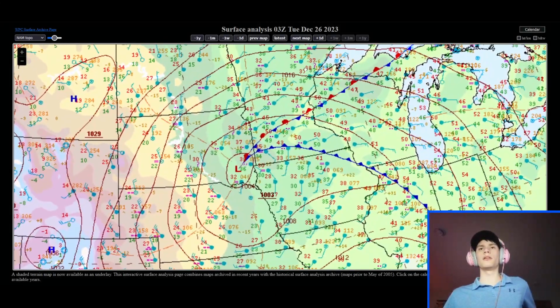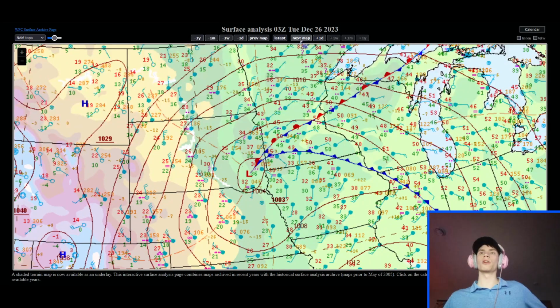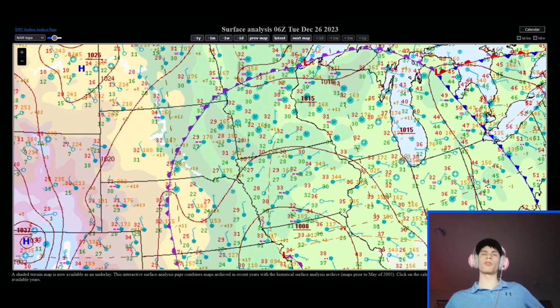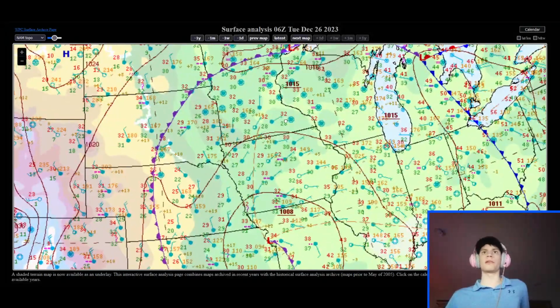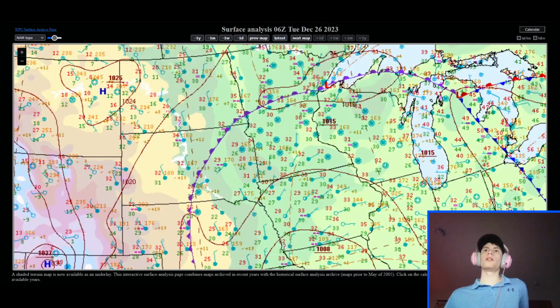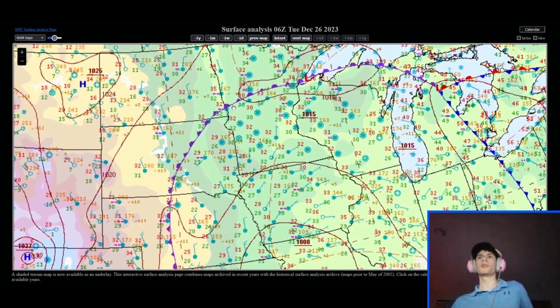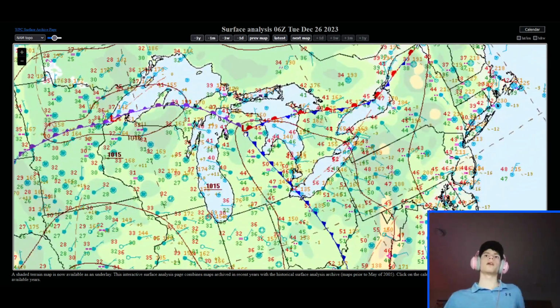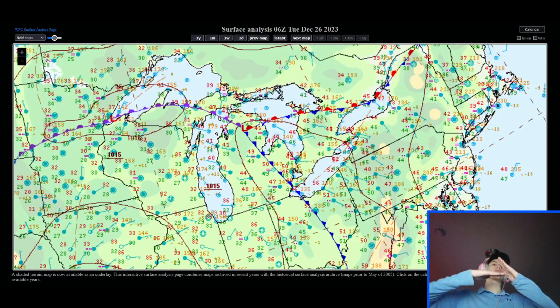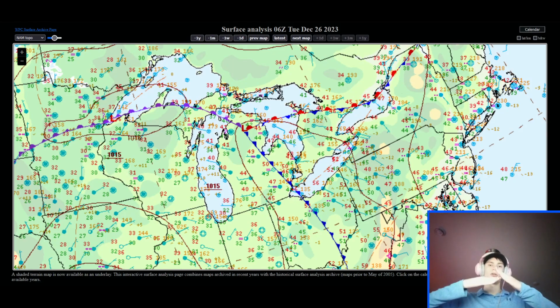Then 9 p.m., another cold front. Again, it forces up more warm and moist air, prolonging this rainfall. And you can notice it's, I believe that's purple, and that essentially means the cold front overtakes the warm front. So warm fronts essentially move over colder air, kind of like this.